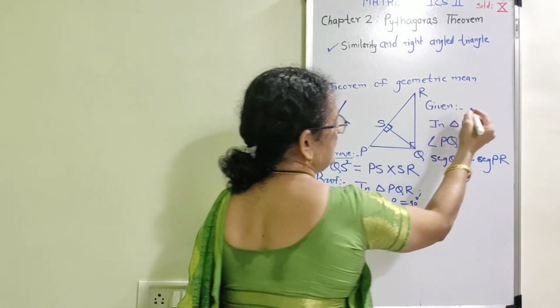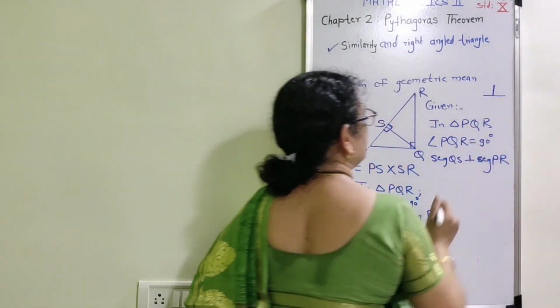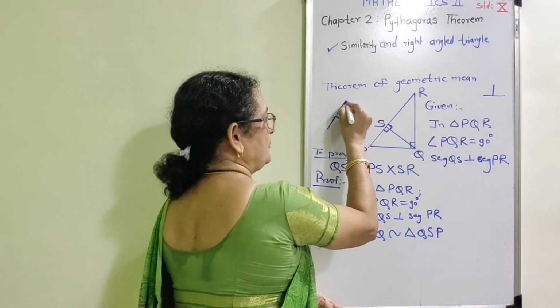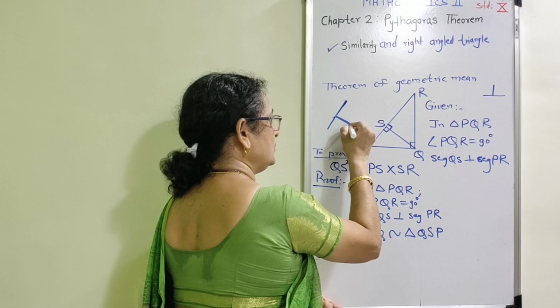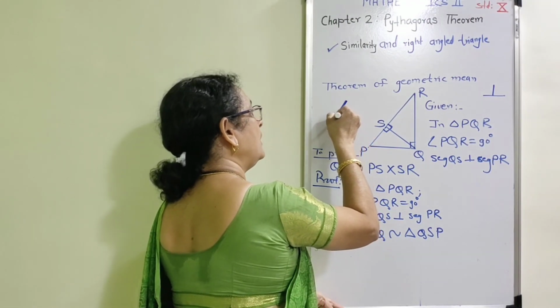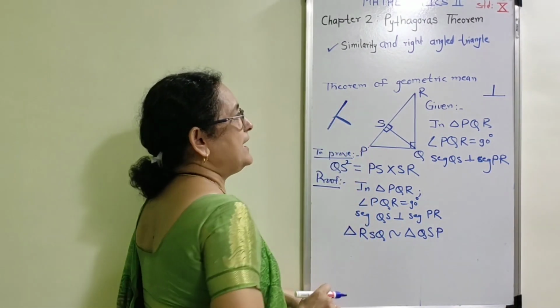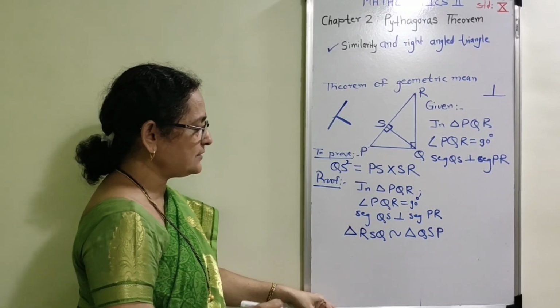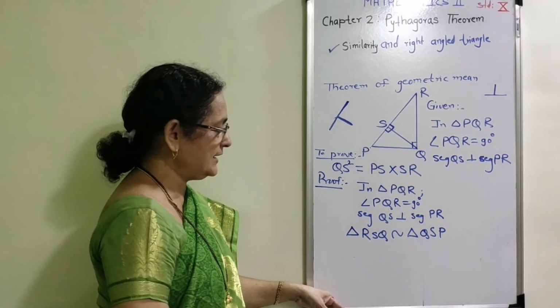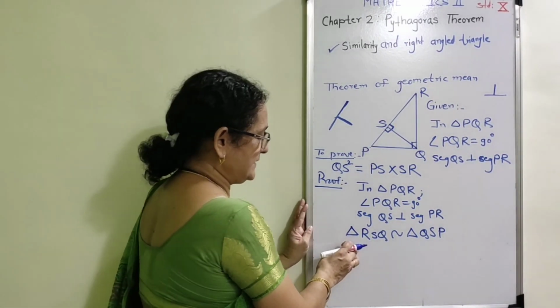Start from this 1, 2, 3, again 1, 2 and 3, and if you write the exact one-to-one correspondence, you will get the sides exactly.